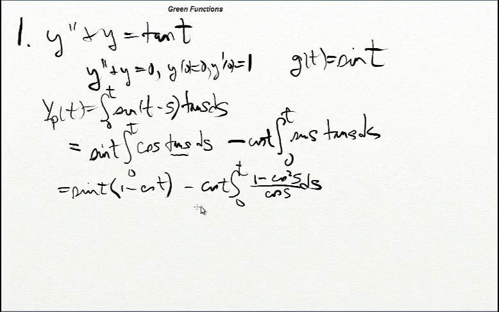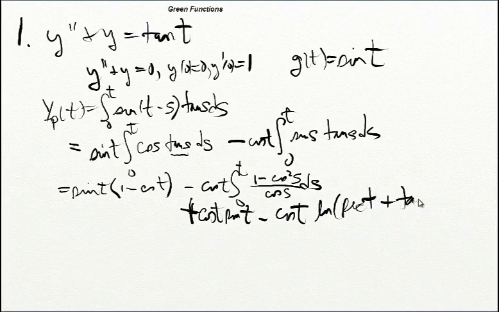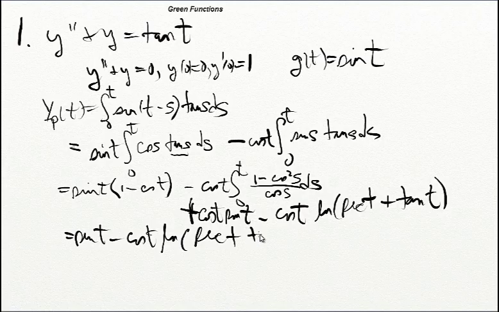And if you do that, you wind up with two terms: cosine t sine t with a plus sign, and the other term is minus cosine t times the log of secant t plus tangent t, that being the antiderivative of the secant function. So there's some cancellation, and you just wind up with sine t minus cosine t times the log of secant t plus tangent t.